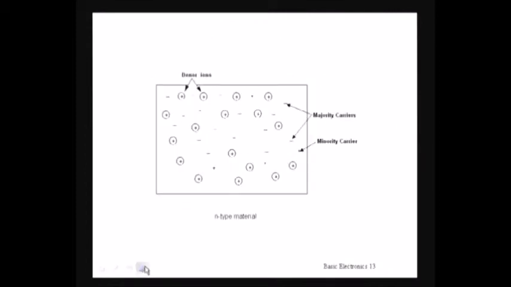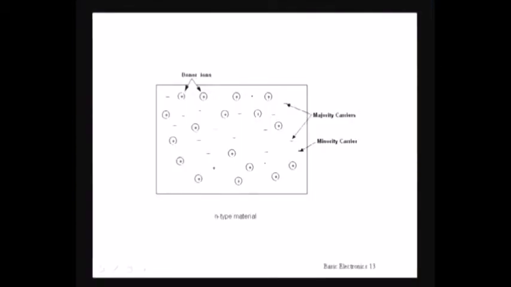Now if we consider the N-type material again, we have seen that in this extrinsic semiconductor, the impurity atom has donated 1 electron. As it has donated 1 electron, the atom is now having 1 positive charge, which is called an ion.